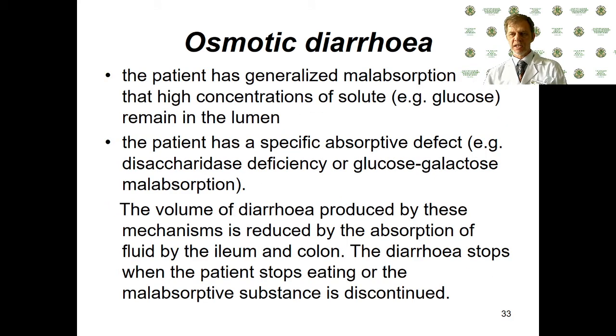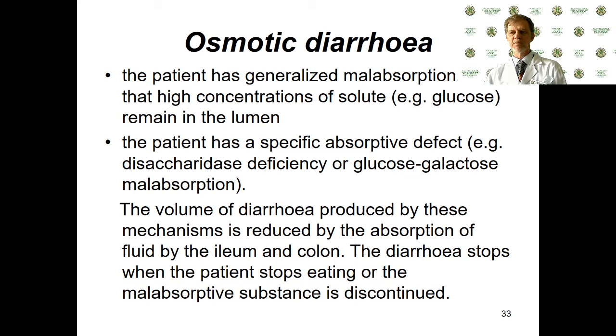There are other reasons too. The patient may suffer generalized malabsorption, so that high concentrations of solute, for example, glucose, remain in the lumen. So in case of severe malabsorption, some substances patients eat, for example glucose, stay in the intestine and cause osmotic diarrhea.